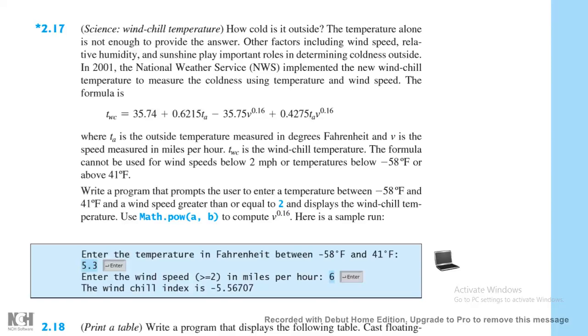The formula is that, where TA is the outer temperature measured in degrees Fahrenheit and V is the speed measured in miles per hour. TWC is the wind chill temperature. The formula cannot be used for wind speed below 2 mph or temperatures below minus 58 degrees Fahrenheit or above 41 degrees Fahrenheit.